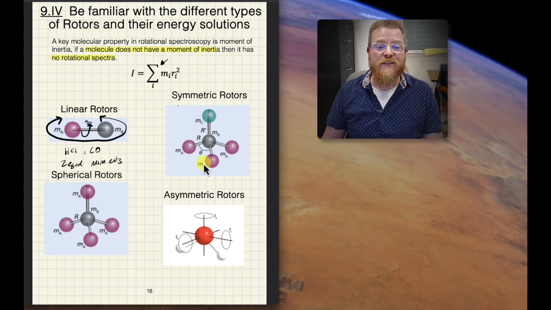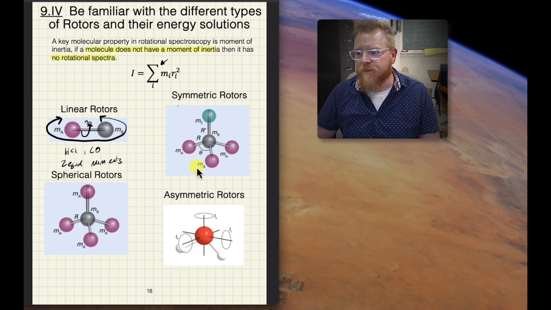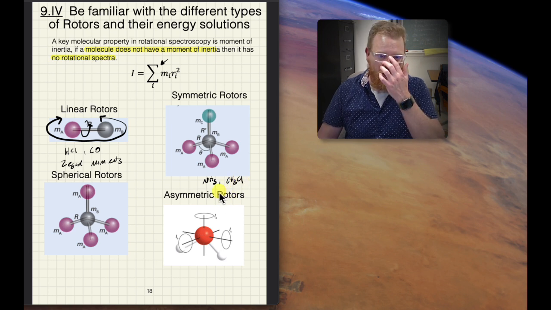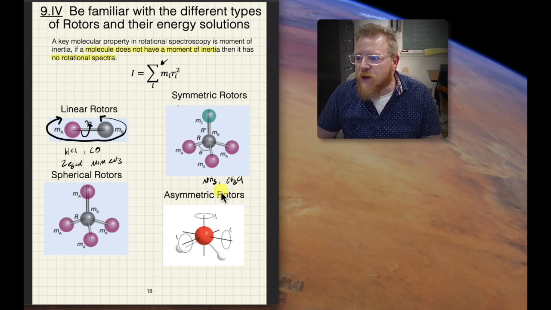With symmetric rotors, good examples, as you might guess from the structure, would be ammonia or even CH3Cl, chloromethane. These will have two identical moments and one different moment.